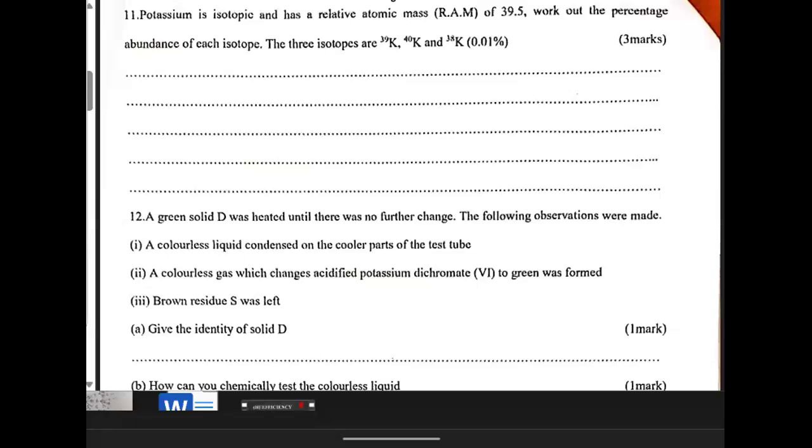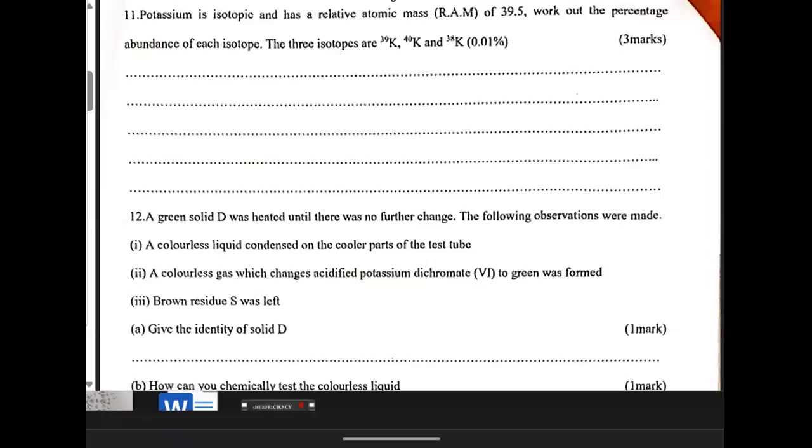And the sulfur 4 oxide is the one that is responsible for changing acidified potassium dichromate 6 to green. Then a brown residue was formed. That brown residue is going to help us to know the cation. So that cation can only be iron. The cation there is iron.